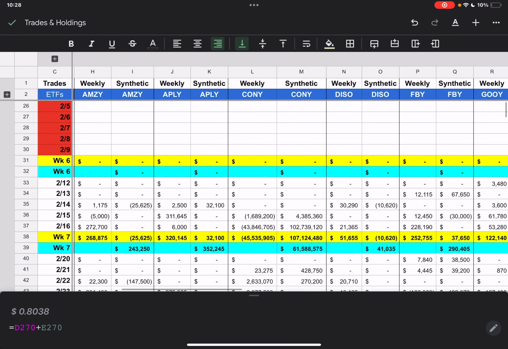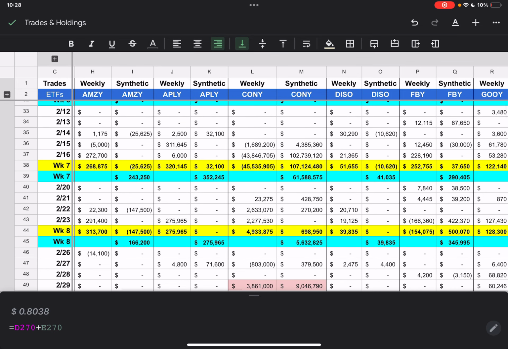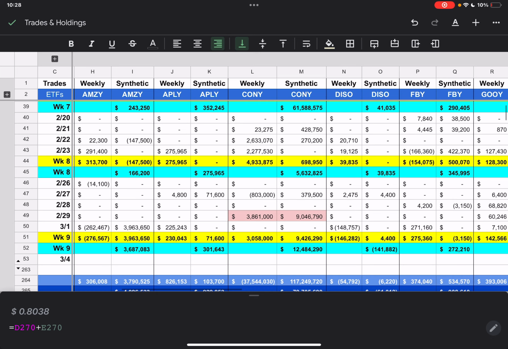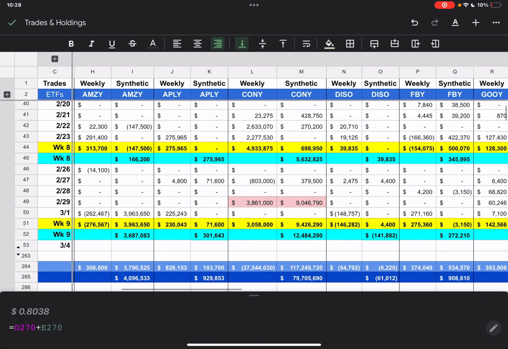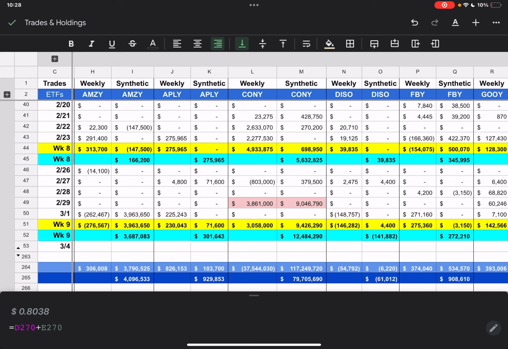So we have AMSI here. We had about 243K, 166K, and then we made a lot, it looks like, this last week, but it looks like it was due to the synthetic, and that was almost 3.7 million.